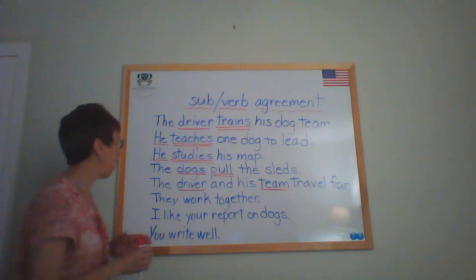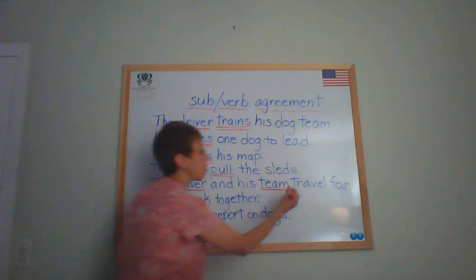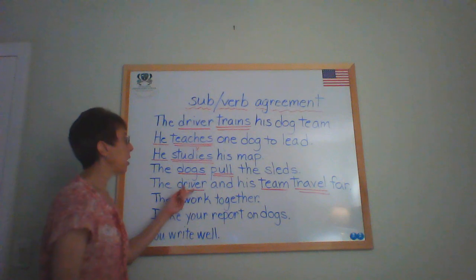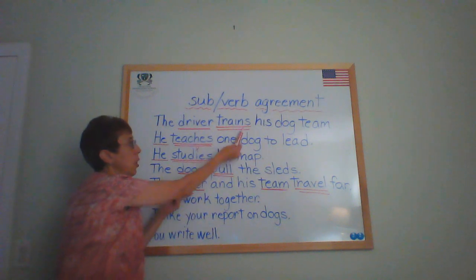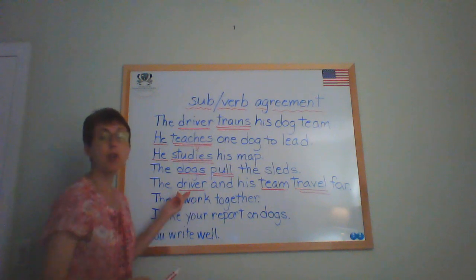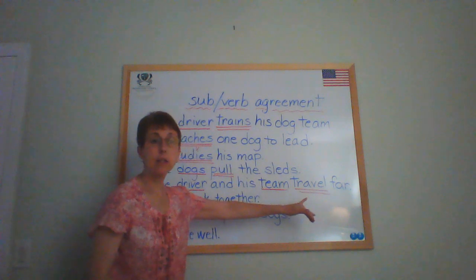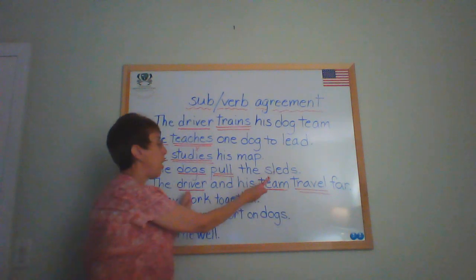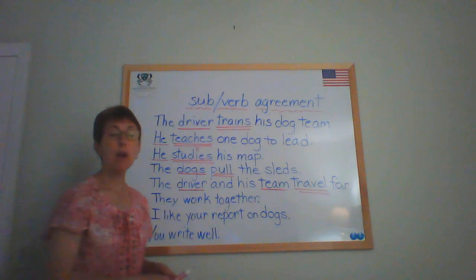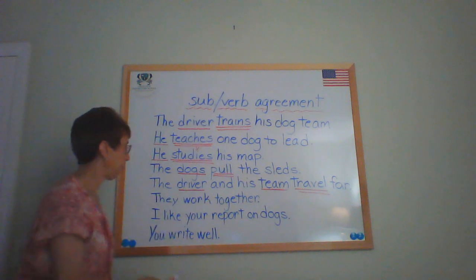So now we're saying the driver and his team travel. When it was just driver, we added an S. So if it was just driver, we would say the driver travels far. We would have singular and singular. But we have a compound subject. It's two. It's driver and his team. So therefore, we say travel and not travels.